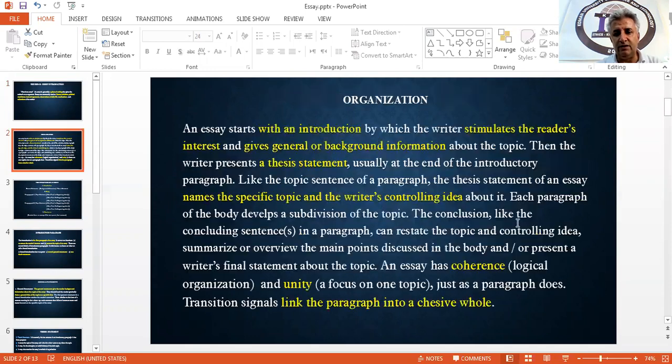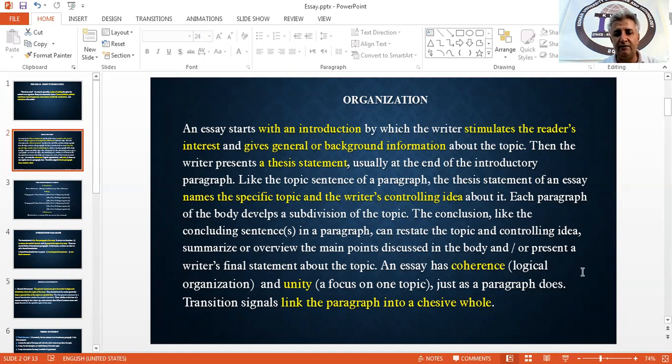Now let's talk about the organization of an essay. It starts with an introduction by which the writer stimulates the reader's interest and gives general or background information about the topic. Then the writer presents a thesis statement, usually at the end of the introductory paragraph. Like the topic sentence of a paragraph, the thesis statement of an essay names the specific topic and the writer's controlling idea about it.